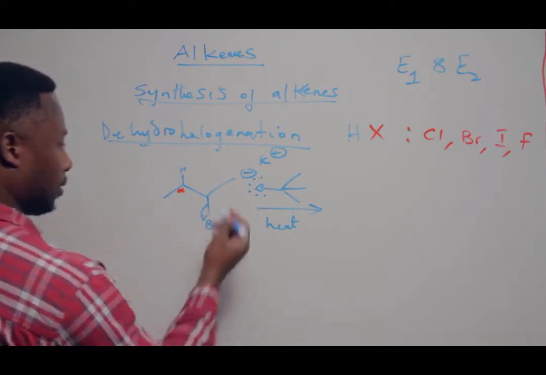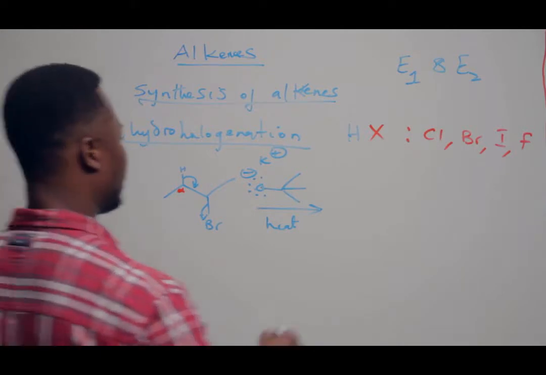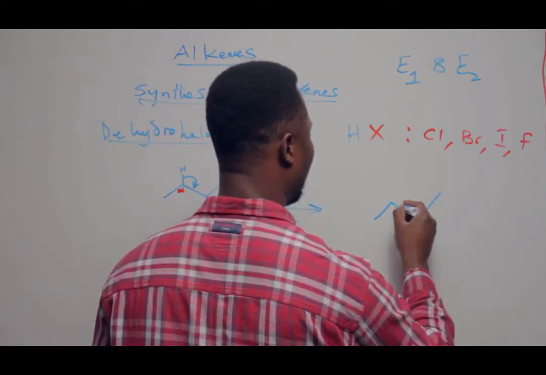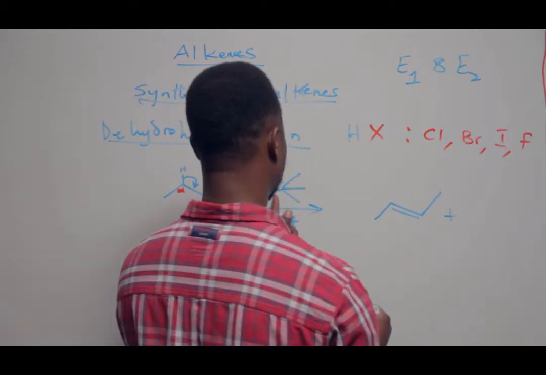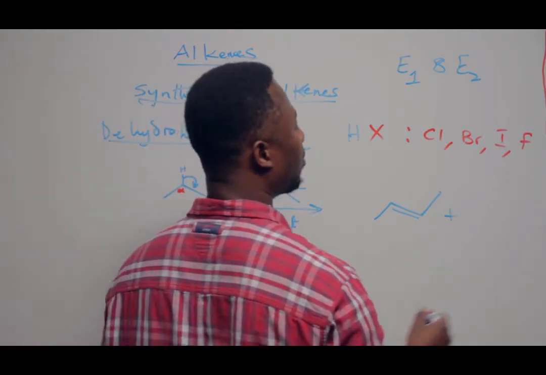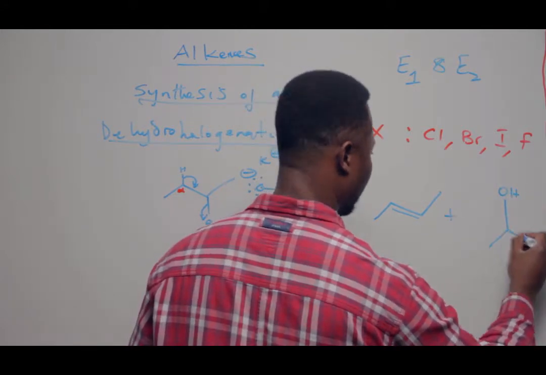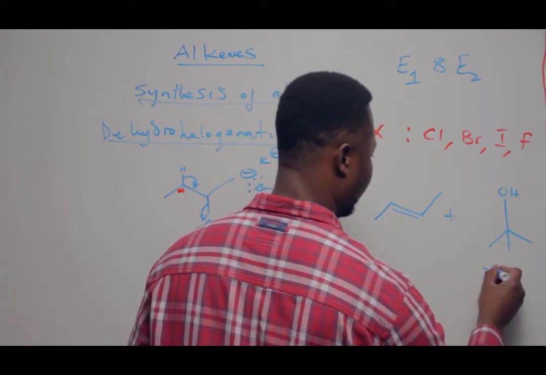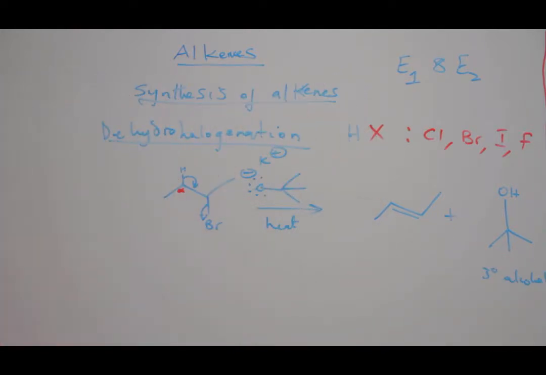This is leaving, the base comes here as this is leaving, and then you have your double bond. Don't forget that this is an organic molecule, so even though you're making your double bond, you're also making a tertiary alcohol. Please don't forget that as your product.